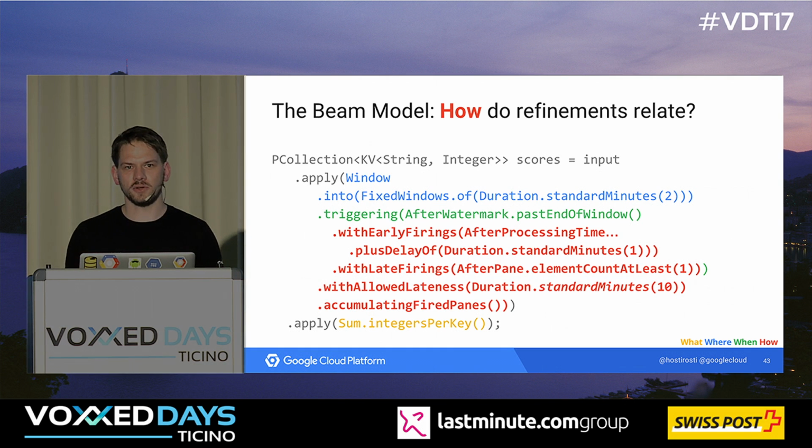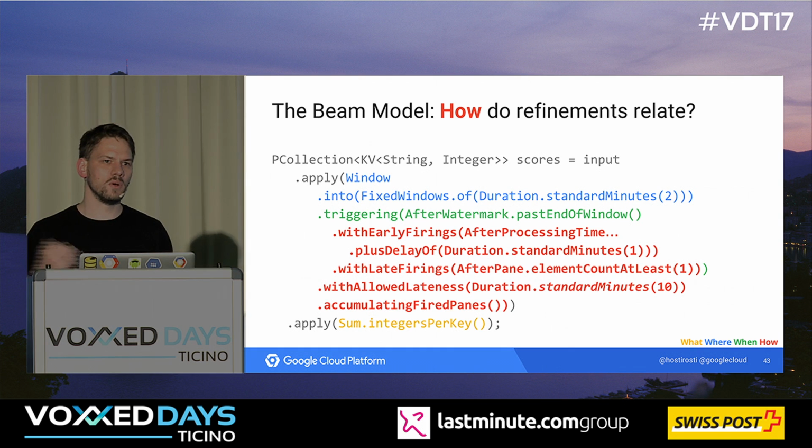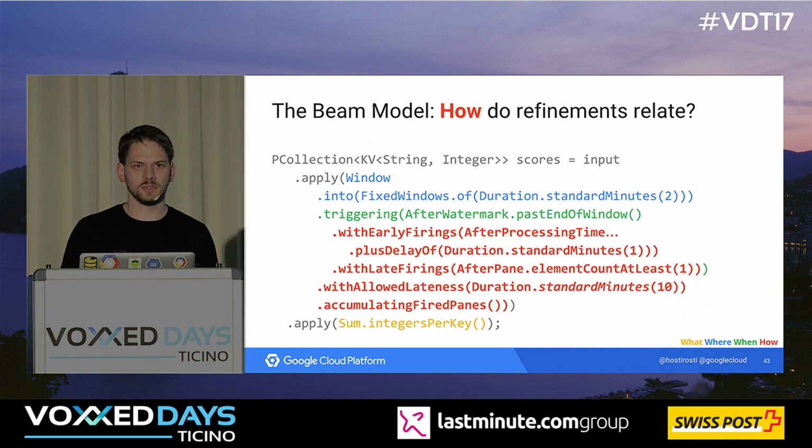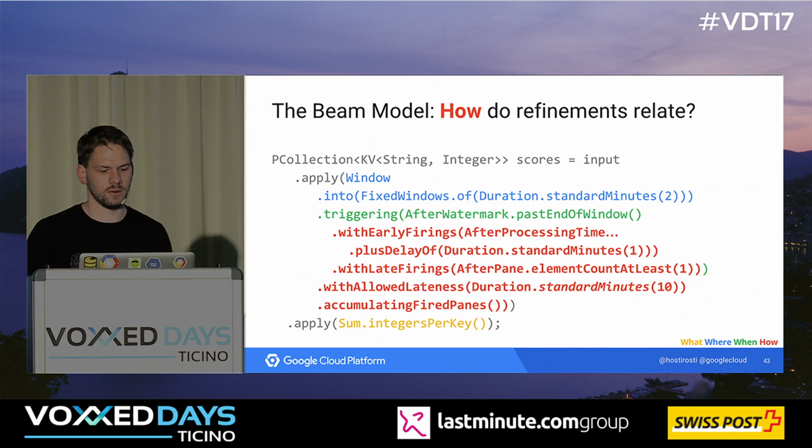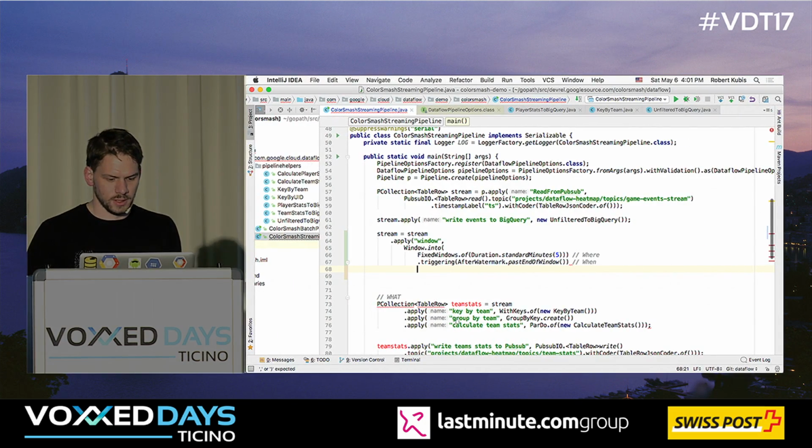Other trigger modes only do the difference: if a new element comes in late, you only emit the difference to the prior result. That's not always possible for all calculations, so you have to see which one you use. Anything else stays the same, so you don't have to change other parts of your code. So that is where the how comes in.